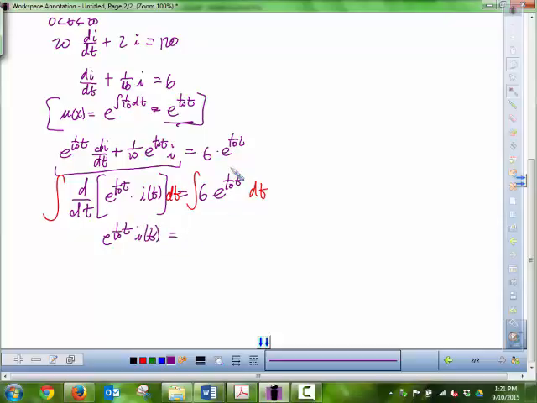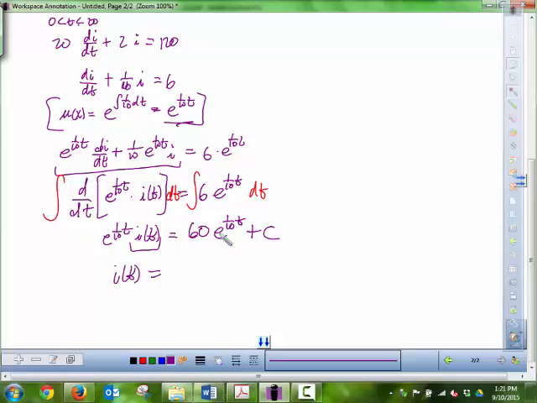And integrating the right side would give you 60, and here's where you have that constant. So don't forget the u substitution on this right-hand side integral. After you do that, you are essentially solving for I of t.